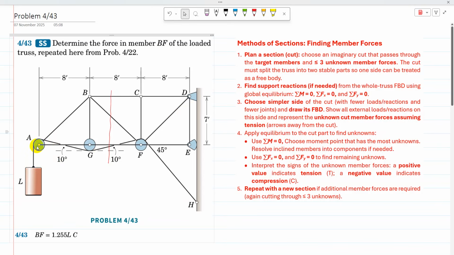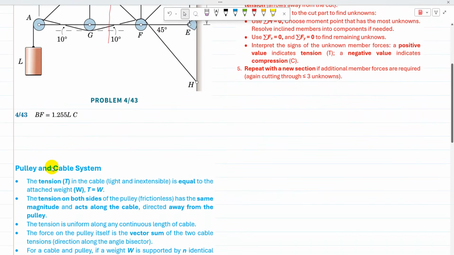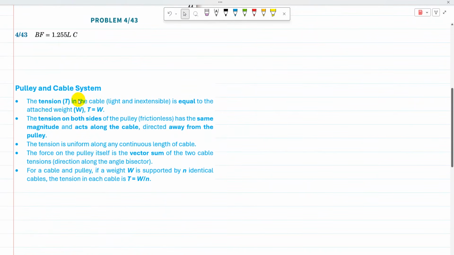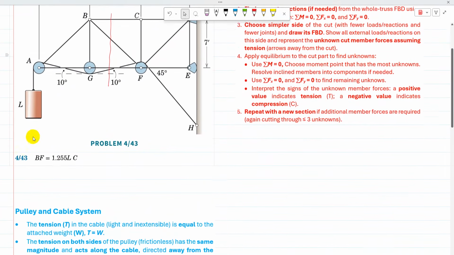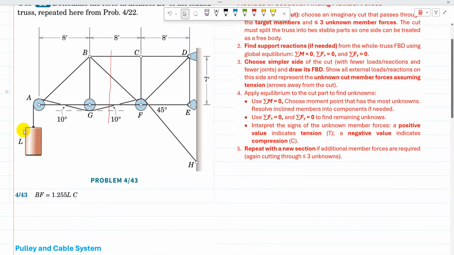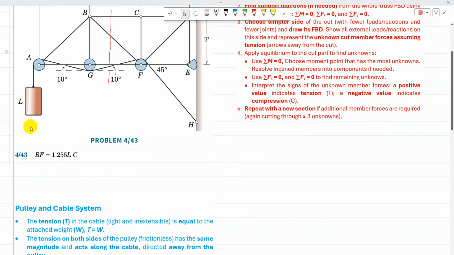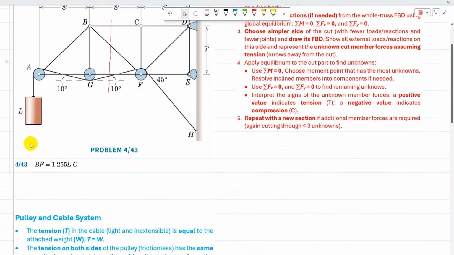This problem involves pulleys and cable, and these are the facts about pulleys and cable. The tension in a light and inextensible cable is equal to the attached weight, here the load attached. I am going to assume that it is in pounds.